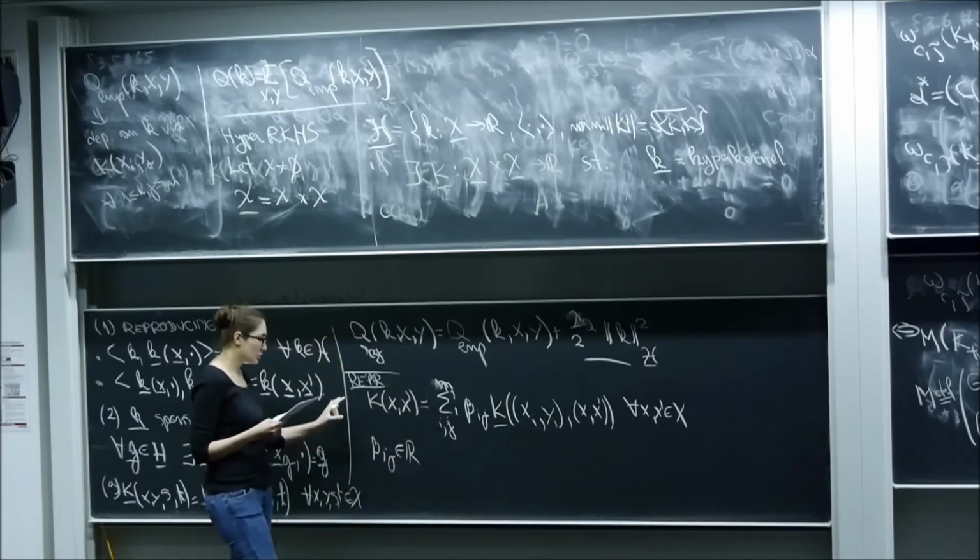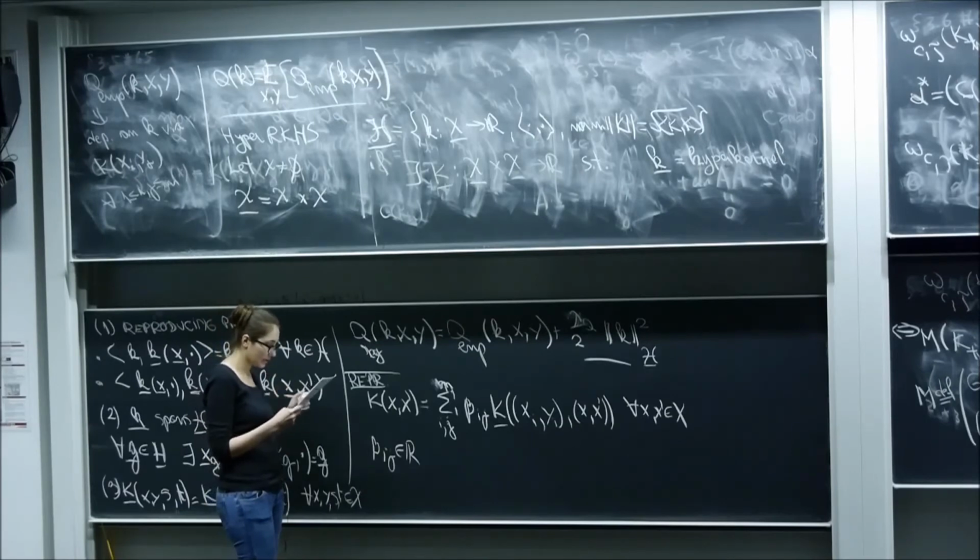This is simply shown. The fact that this is a minimizer of the regularized quality functional is shown by just applying the representer theorem for the hyper-RKHS.